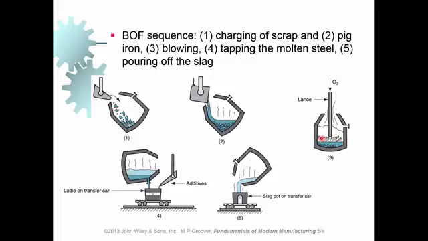And once extra carbon is removed, we can just tap it in another chamber or cavity. And what is in this ladle, in the transfer line, is the iron with a significantly lower amount of carbon.